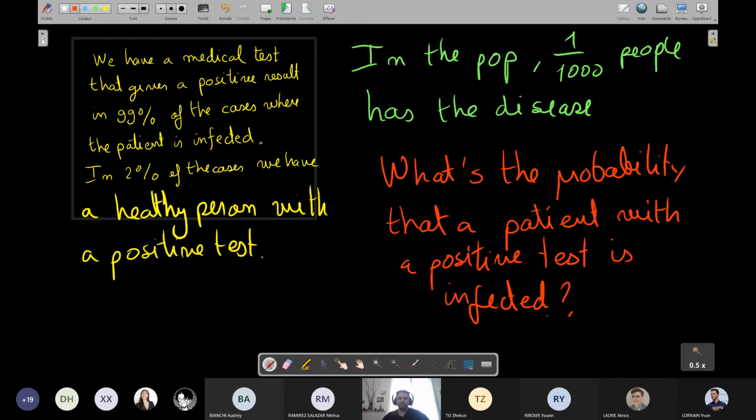Now, in 2% of the cases where we have a healthy person, we have a positive test. So it's a false positive. Now, if we look in the population, 1 person over 1,000 actually has the disease. Now you have to compute the probability that a patient with a positive test is infected.